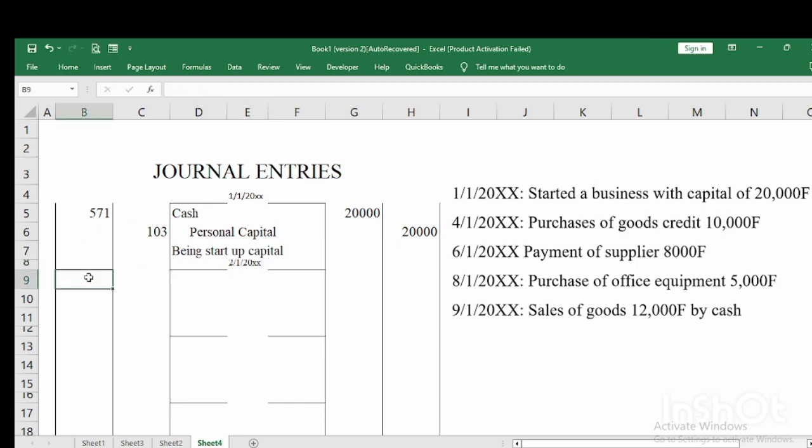So we are going to debit account 601, which is purchases of goods.